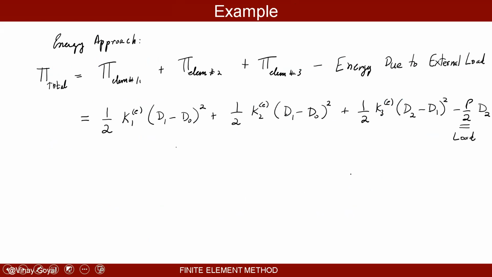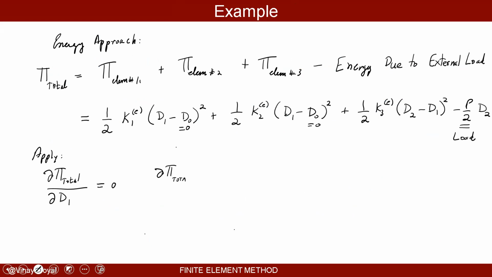All right, so now the next step is we need to minimize this, right? When we minimize this energy, we take the partial derivative of the total potential with respect to the displacement at each node.